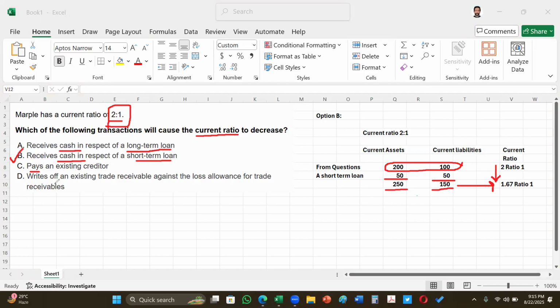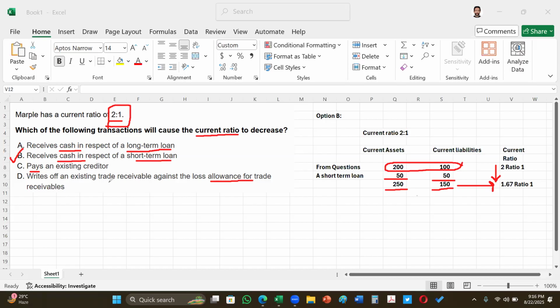And if we look at option D, writes off an existing trade receivable against the loss allowance for trade receivables. Now this is very important: if any receivable is already considered doubtful, it is already present in the allowance. Okay, so writing it off now would not have any impact, because this was already treated as an allowance.